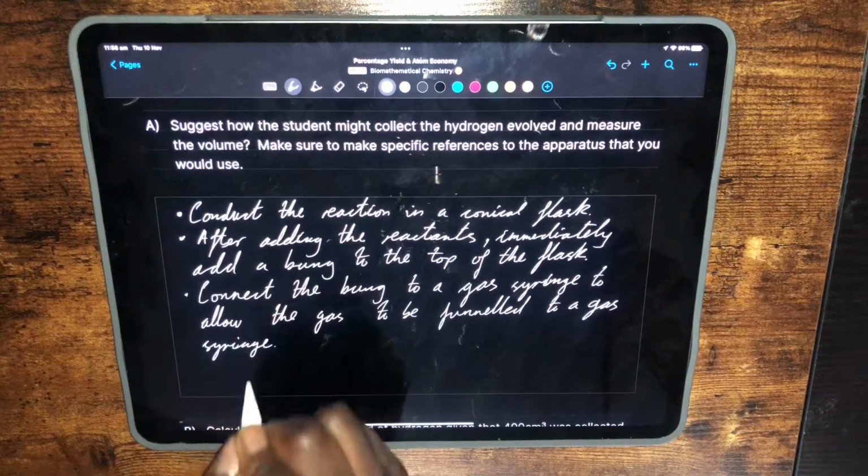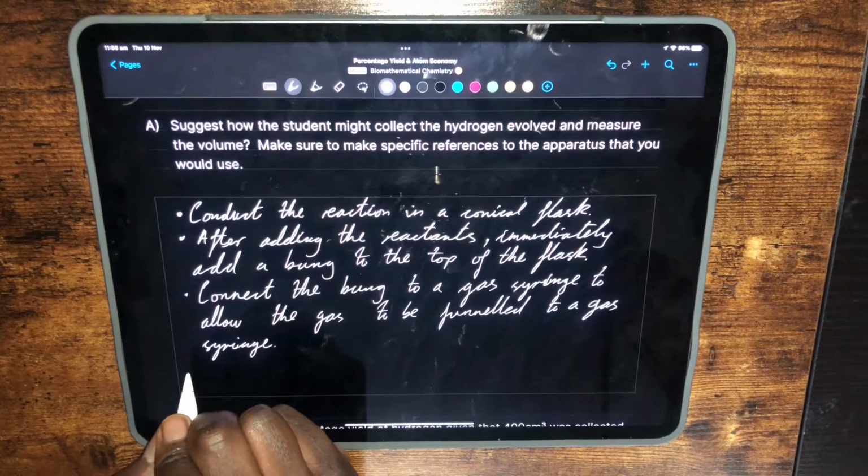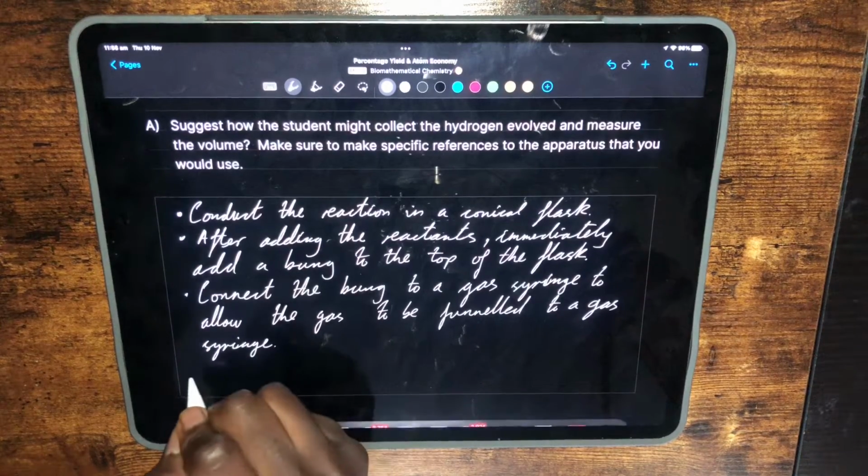And then the syringe will allow the volume of gas to be measured.